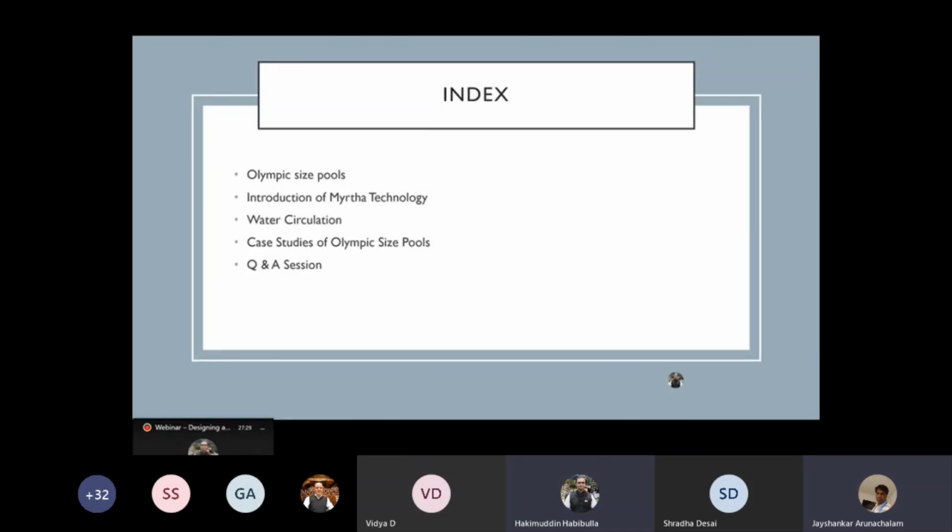While in the previous webinar we had given case studies and examples of swimming pools that MYRTHA Pools has built around the world, this time we've chosen to focus on case studies of Olympic size pools that MYRTHA Pools India has been working on in the subcontinent. And then we'll, of course, end with a Q&A session.